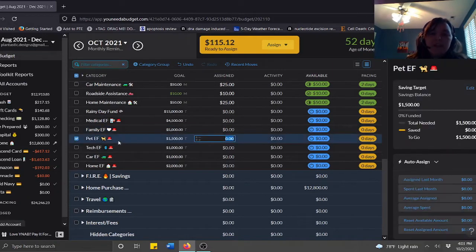Pet emergency fund. So right now, living at home, I don't have a pet. I want to, when I move out, I would like to eventually get a pet. Don't know if I want a dog or a cat, but I want to save up to have an emergency fund set aside for them so that I could pay for any vet bills or adoption fees or anything like that. So that's what this is for.